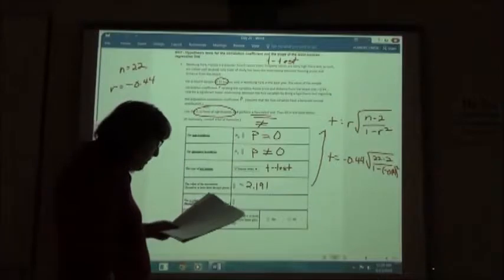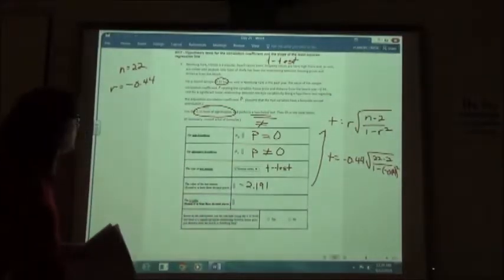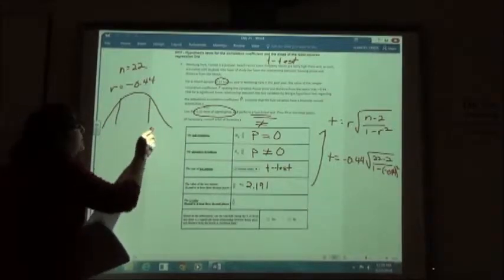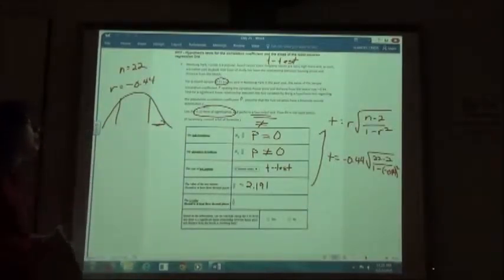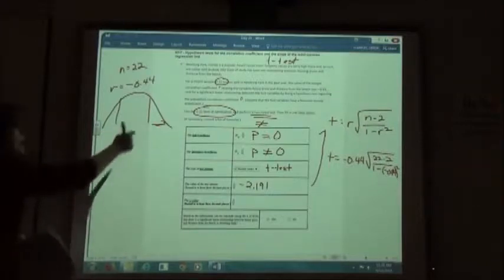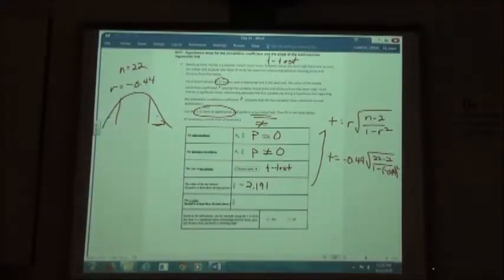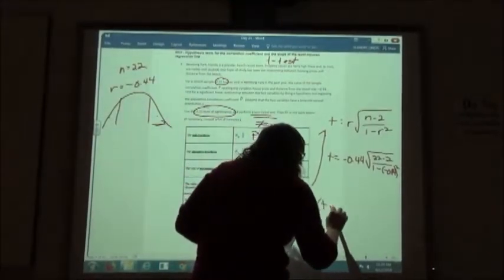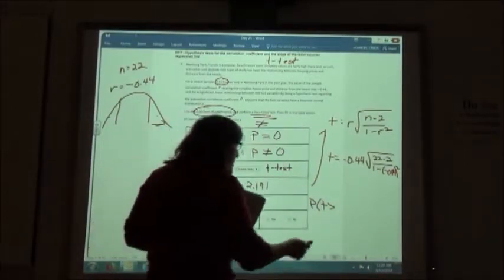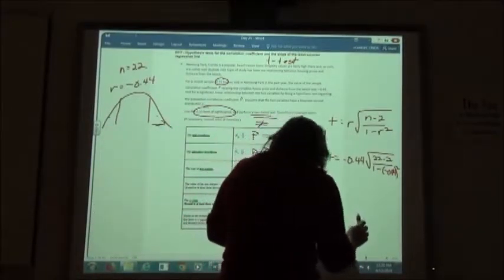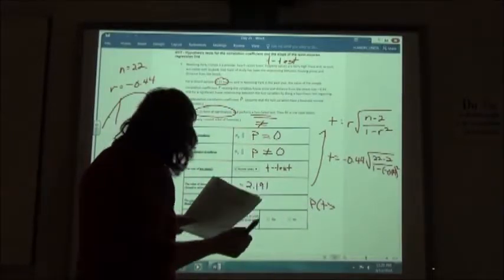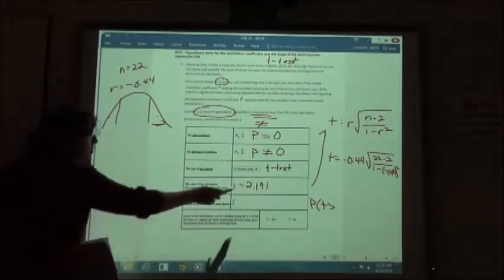So we are going to do our p-value. Since it's a two-tailed test, remember we're testing this side, but we're also going to have the same value on the other side. So I am going to do P of t is greater than our test statistic, which I have to fix because notice this was negative.